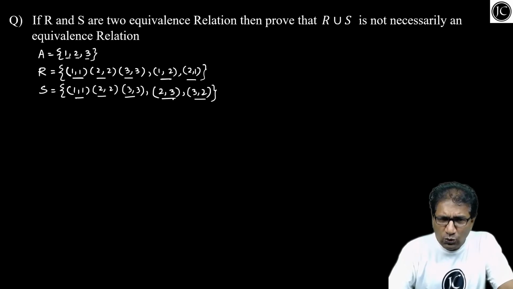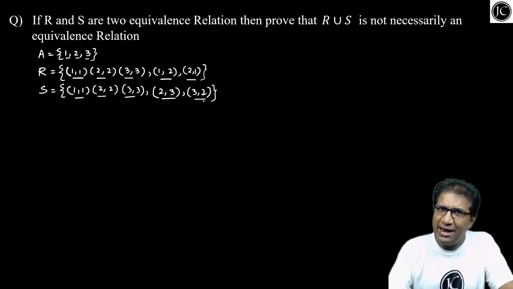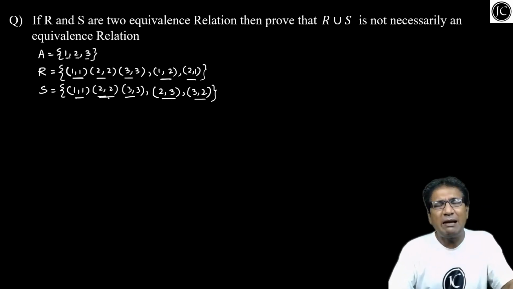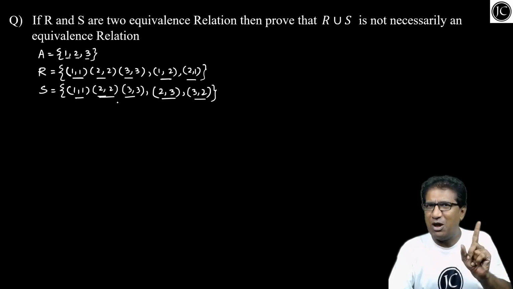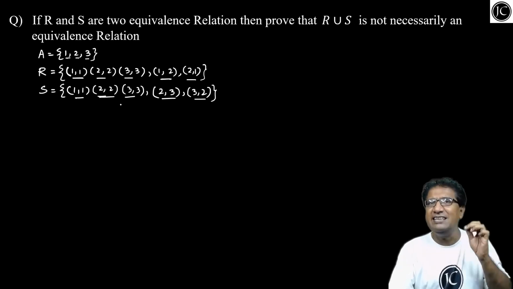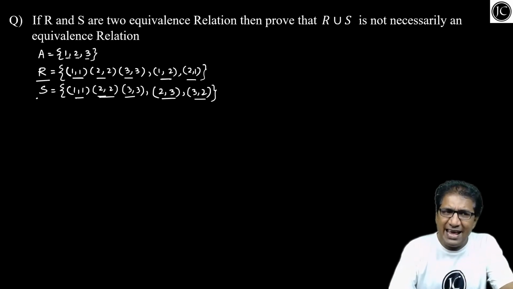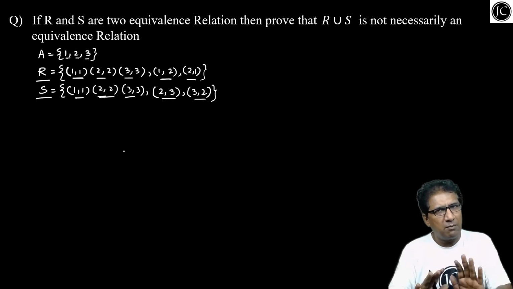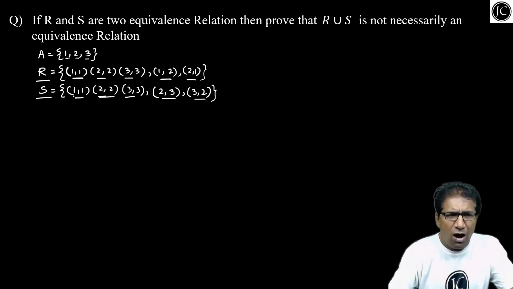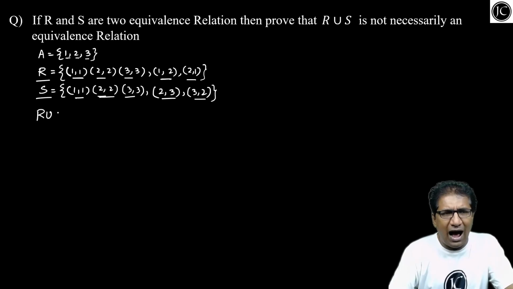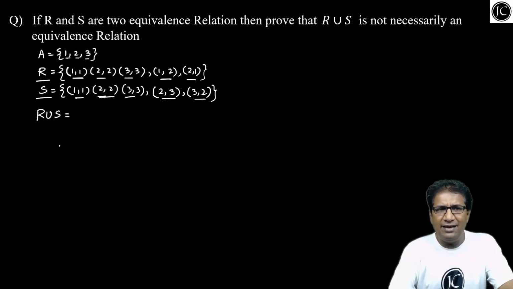Okay. 2,3 है, 3,2 है, 2,2 भी है, मतलब ये क्या हुआ? ये transitive भी हुआ. मतलब S is also an equivalence relation. Is it clear? So R equivalence relation है, S equivalence relation है. बराबर? Okay. Now you tell me what is your R union S?